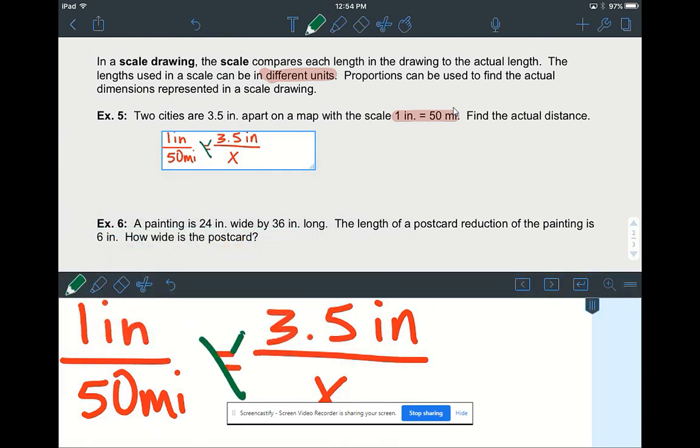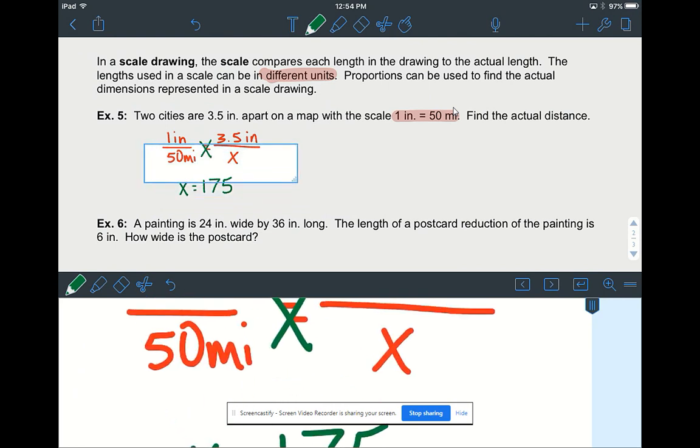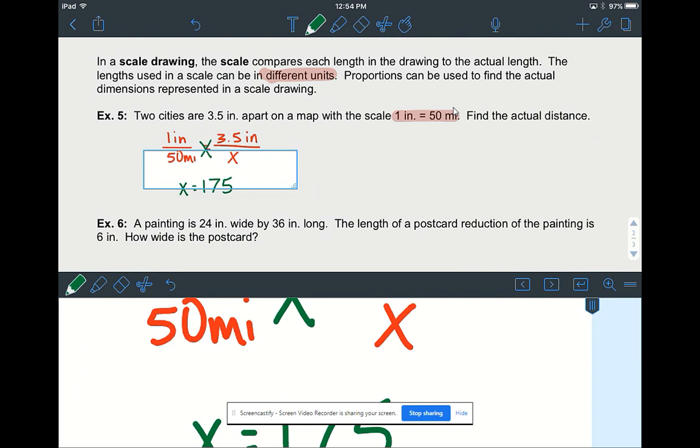So we cross multiply. So that would give us 1x equals, and whenever you multiply 50 by 3.5, that would give us 175. Now, you may be wondering, what units do I put? x is in the denominator of the fraction, so that means it's on the miles portion of the ratio.